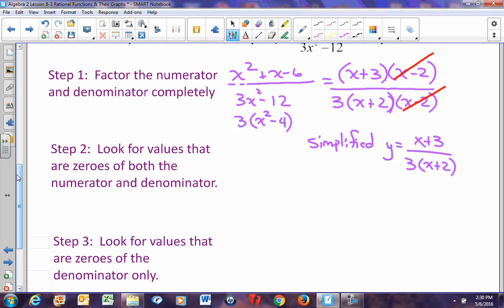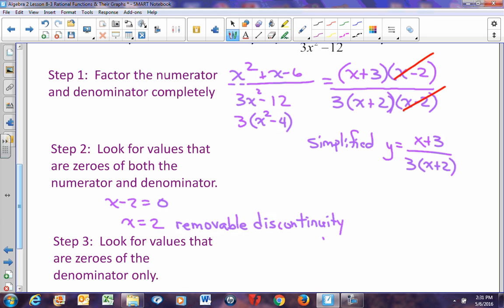Since I factored out x minus 2 in both cases, x minus 2 equals 0, so x equals 2 is a point of discontinuity that is removable. This is a removable discontinuity, and we call that removable discontinuity a hole.